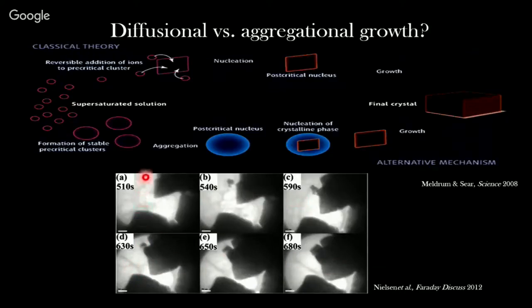You see the particle here, and this is the same particle, and this is the same particle coming in contact with the crystal, and here it is also coming in contact with the crystal, and here as well, and finally it merged with the crystal. Seeing this was kind of mind-opening, because when you see something like this, there's no question about it. This effect is real.